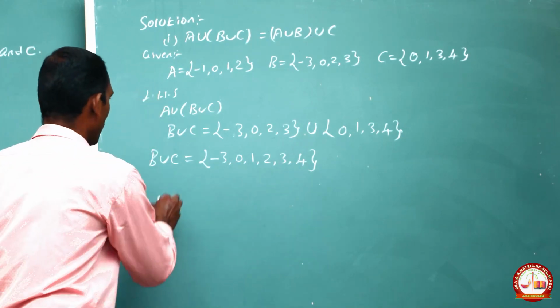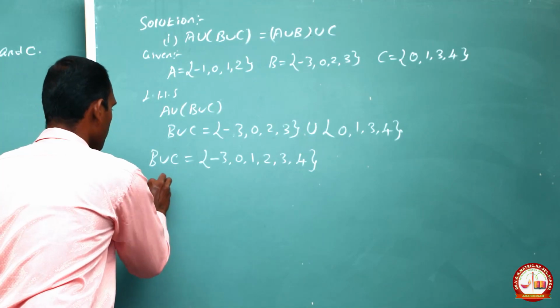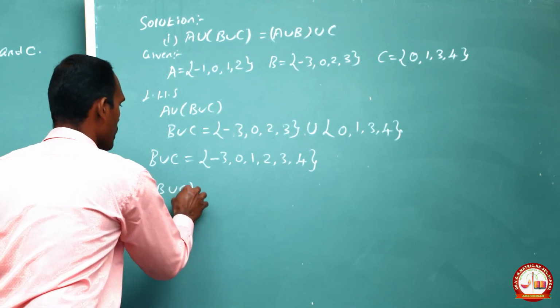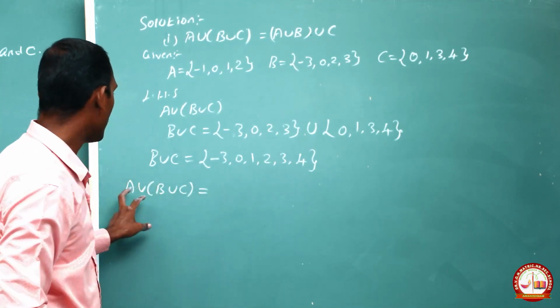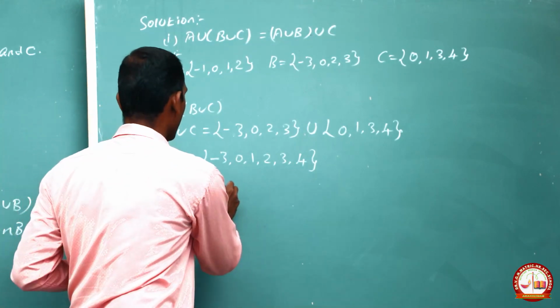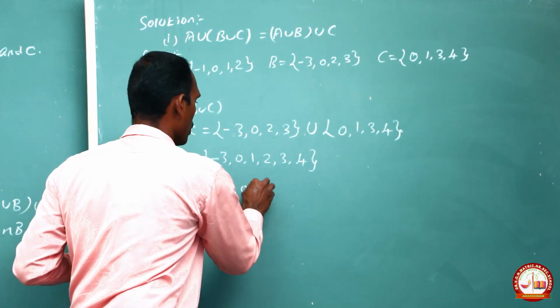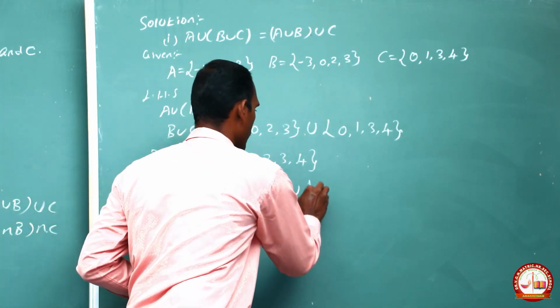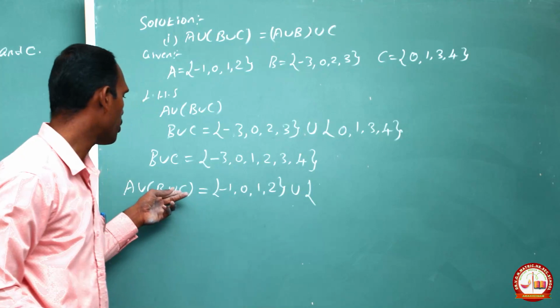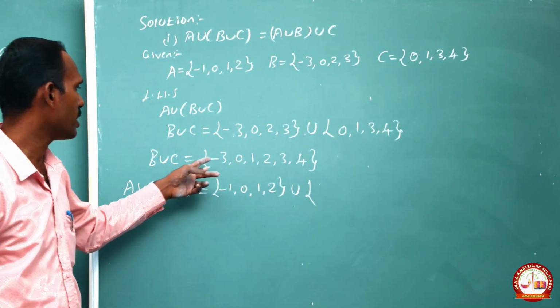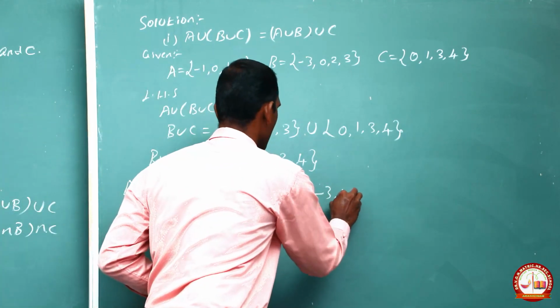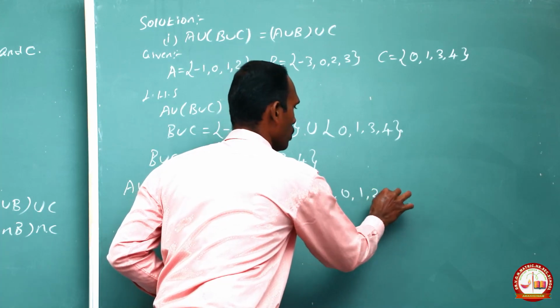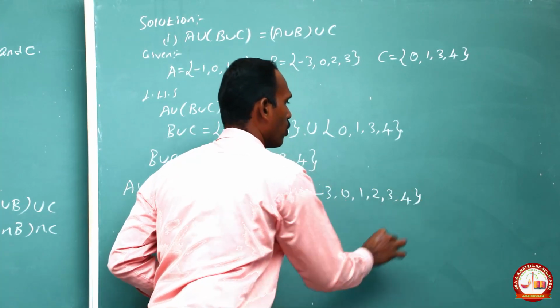Okay, next we find the A union (B union C). What is the A set of elements? A is -1, 0, 1, and then 2. Put the union symbol. Already we found the B union C, which is -3, 0, 1, 2, 3, then 4.